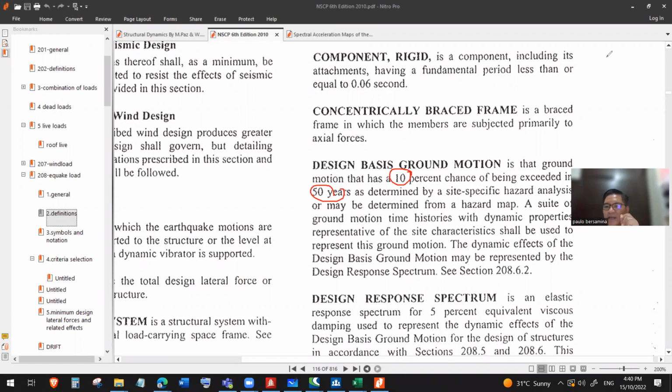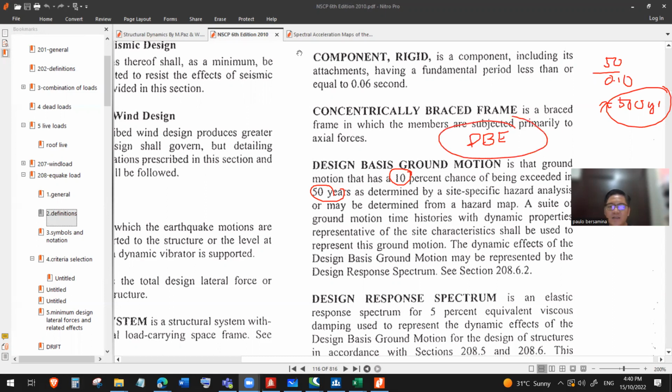And my shortcut there is 50 divide 0.1, kasi nga 10% chance, you will roughly get 500-year return period. Okay? So yan yung basis ng design natin. And we call that DBE, Design Basis Earthquake.